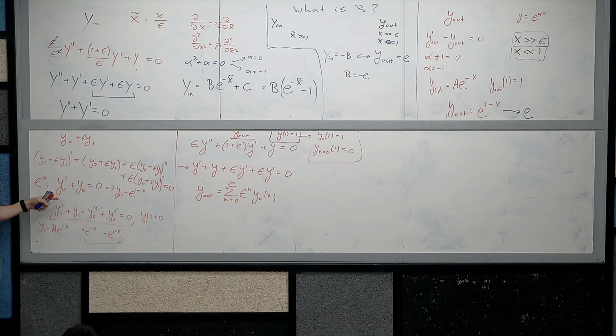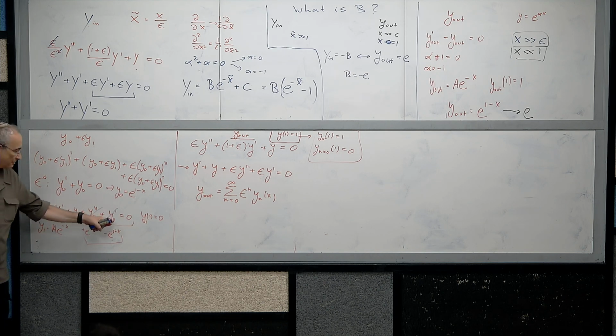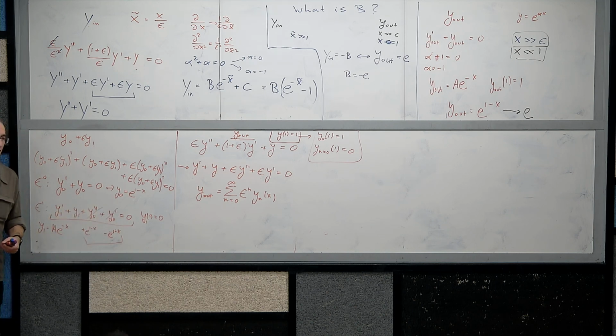Now if we are going to do y2, we will have y2 prime plus y2 equal to y1 double prime, but y1 is 0, so we have no contribution. So what we found from the zeroth order in epsilon is true for any order in perturbation theory.